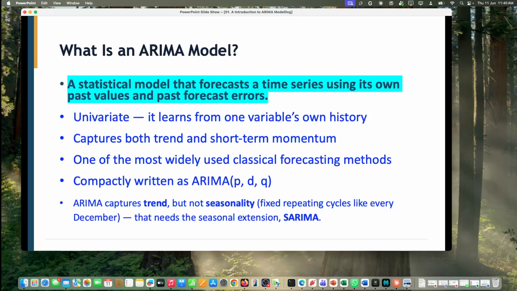It captures both the trend and the short-term momentum, but not the seasonality. As we are going to see, the ARIMA model has its own limitations. One of the most widely used classical forecasting models is written as ARIMA PDQ. ARIMA captures the trend, but it does not capture seasonality. So we use a different model, as we will discuss in upcoming sessions.